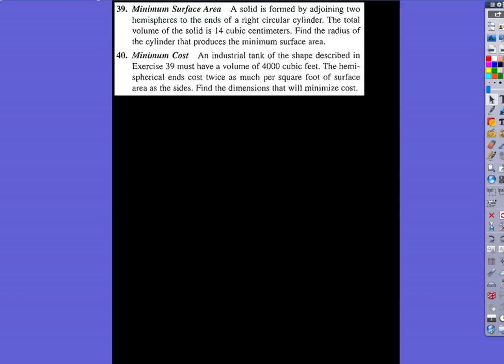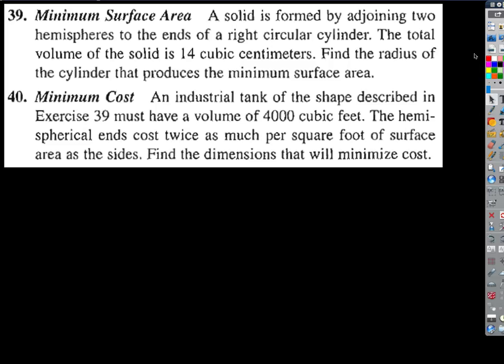Okay, this is the kind of problem that I value. I think this kind of thinking will serve you well later. So I want to take a close look at this. So we're going to do problem 40, which means you got to read problem 39.